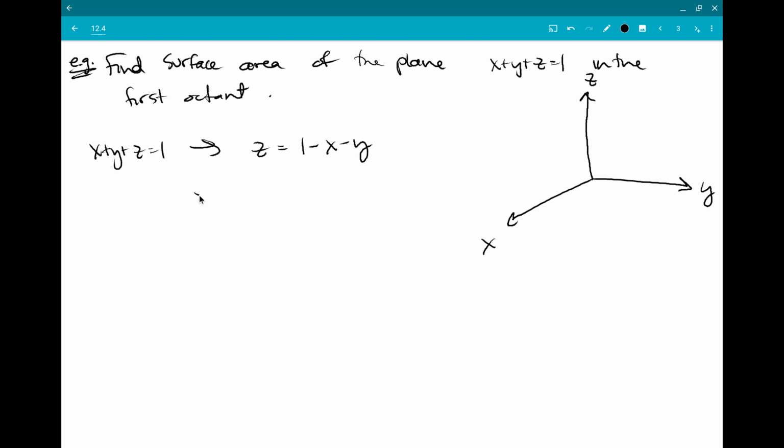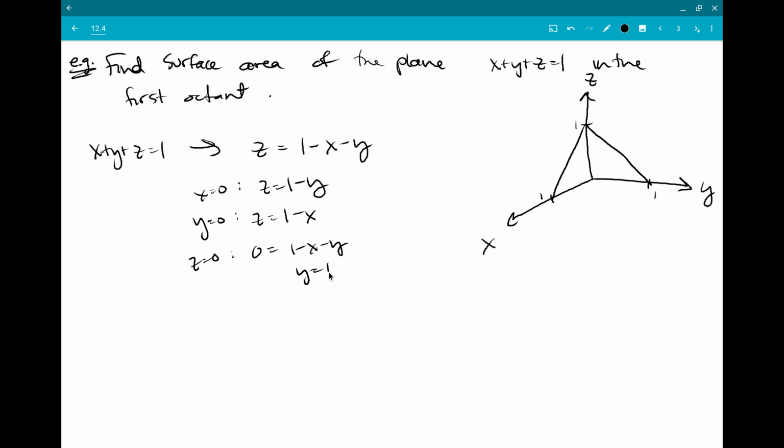But I can say if x equals 0, z equals 1 minus y. I'm going to have that line right there. And if y equals 0, z is 1 minus x. Like that. And then I could even say if z is 0, then 0 is 1 minus x minus y, or y is 1 minus x.